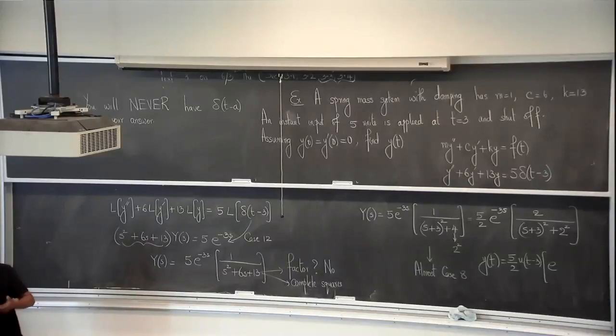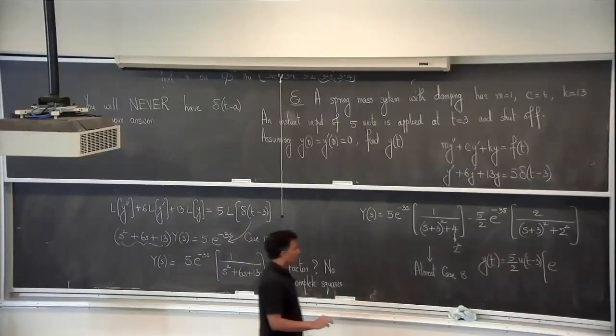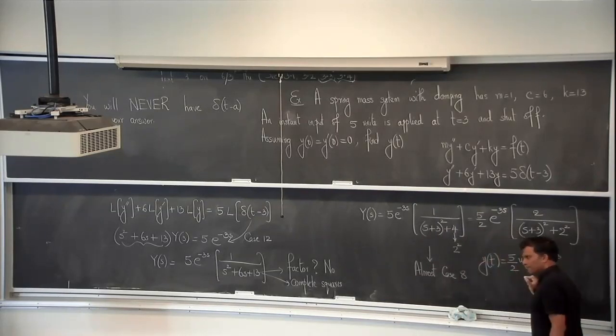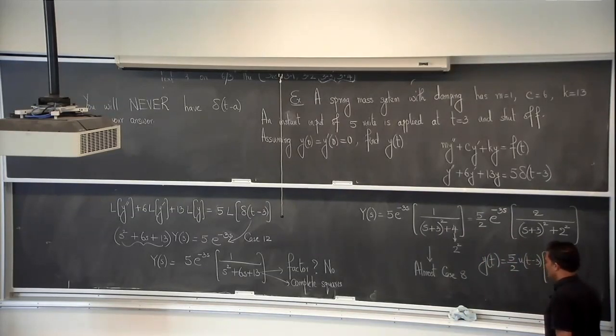E to the negative 3t sine 2t. E to the power of negative 3t. t minus 3? t minus 3.